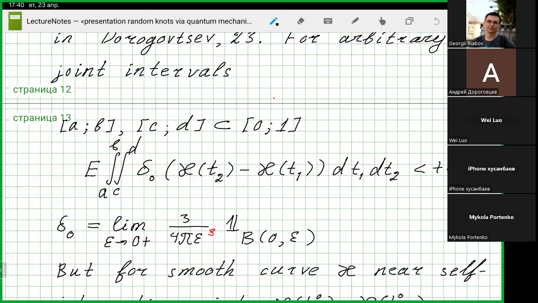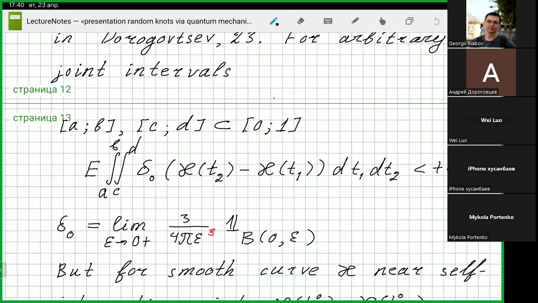But moreover, we can proceed more formally and more easily. If some random vector has a smooth density, which is our case, then we don't need to define the delta function of this random vector.